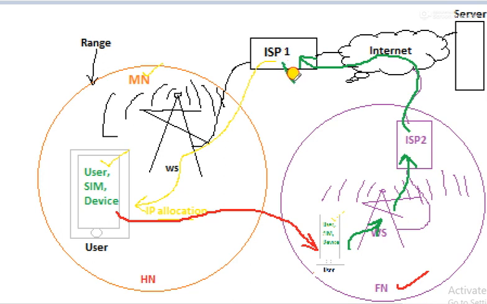Based on that, ISP1 will deliver back a confirmation response to ISP2 to provide the requested user the network access. So ISP2 will provide network access to that requested user, and after that this user will have access to the network again.